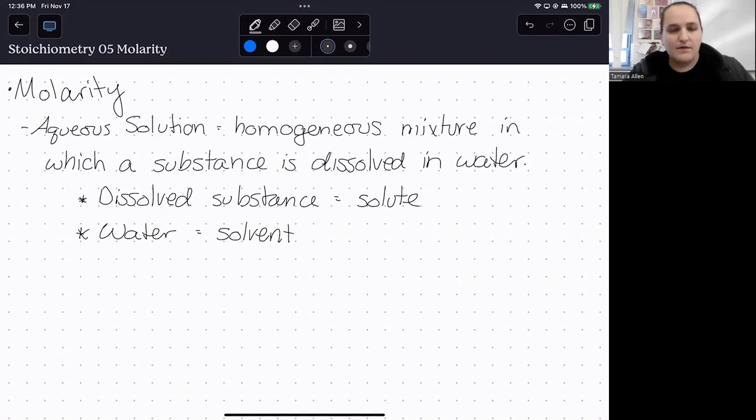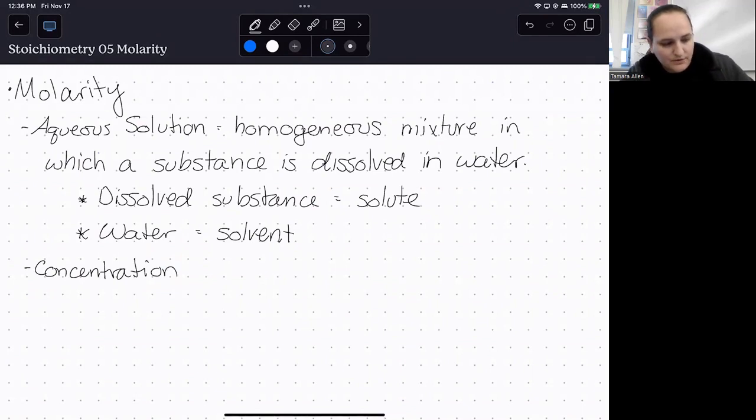So when we have this type of mixture, we can't talk about quantities using mass and molar mass because it's not just one pure substance. Some of it is water and some of it is whatever is dissolved in the water. So we need a different way to figure out how much solute is present in our solution. And we measure this in terms of what's known as concentration.